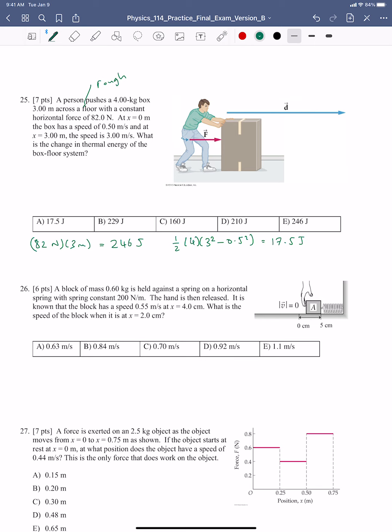So a lot of the work that's done by the person doesn't really go into changing the kinetic energy of the box. It mostly goes into changing the thermal energy of the box and the floor.